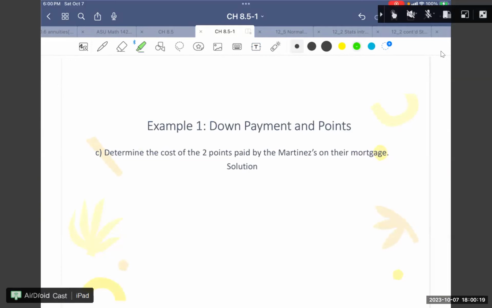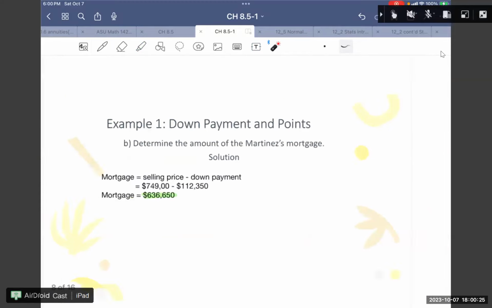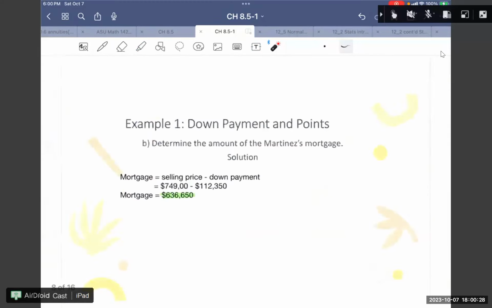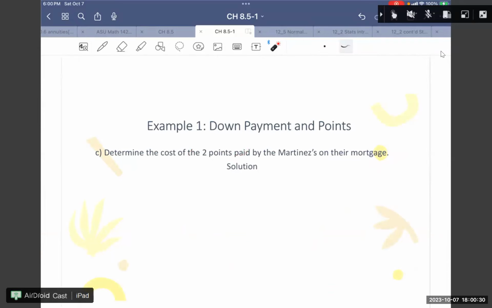Now for part B, determine the cost of the 2 points. Two points means 2%.